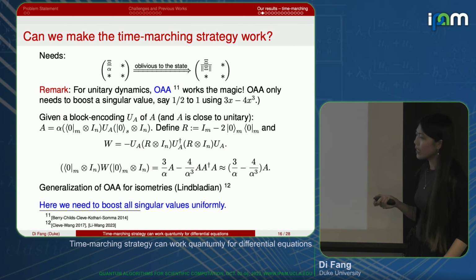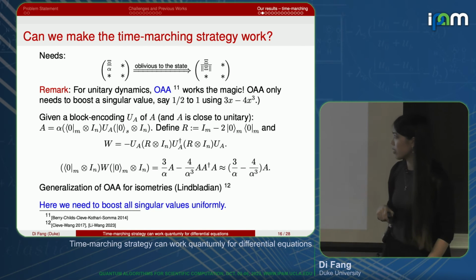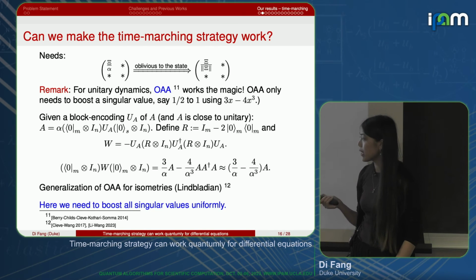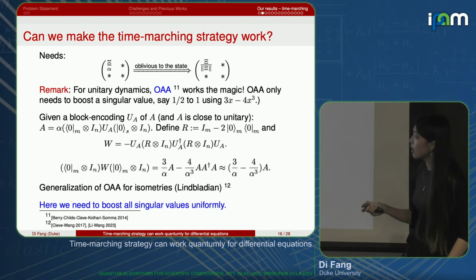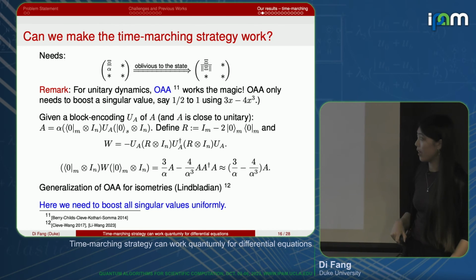Now, we already know from yesterday that OAA has a very nice generalization for isometries, which works for open quantum systems such as Lindbladians. The high-level idea is that the underlying dynamics is CPTP, so you can still tweak this nice strategy to work, and for Lindbladians you can do UAA.